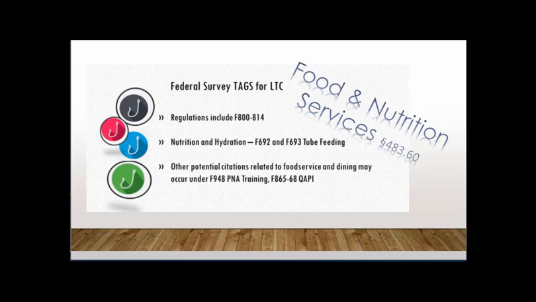And then we could get citations for food and dining under F948, which has to do with training requirements. That is the PNA, the paid nutritional assistant. If you're using that in your buildings, it goes in under training, and amazingly enough, that training is something an RN is in charge of, so it comes in a different category.